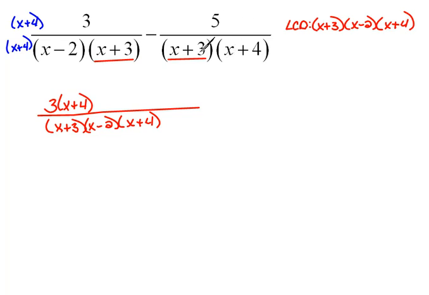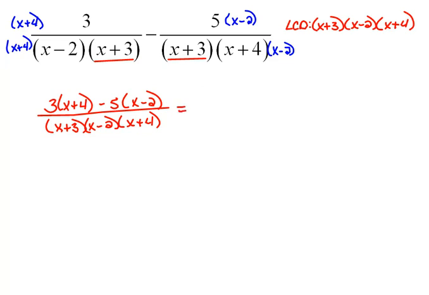What would I have to multiply it by so that it would look like this common denominator? In this case, that would be x minus 2. So we do the exact same thing to the numerator, so we have minus 5 times x minus 2. We've saved a little bit of steps by doing that. Not a lot, but one writing.